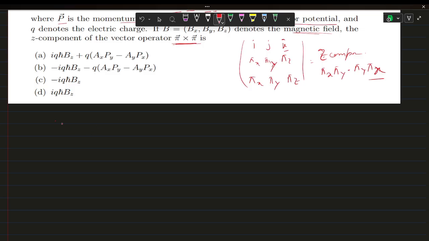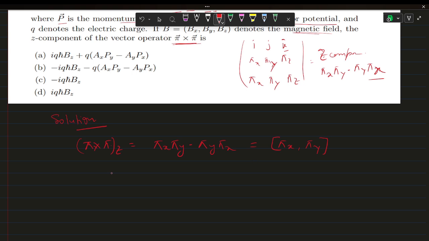Now the solution: the z component of pi cross pi can be written as pi x, pi y minus pi y, pi x, which we can write in commutator form, pi x, pi y.